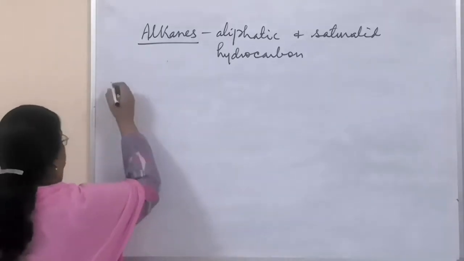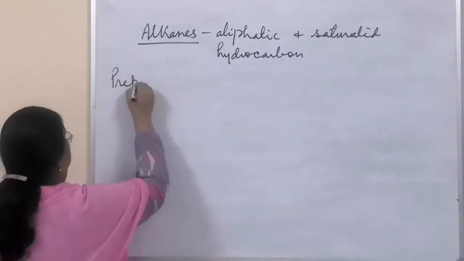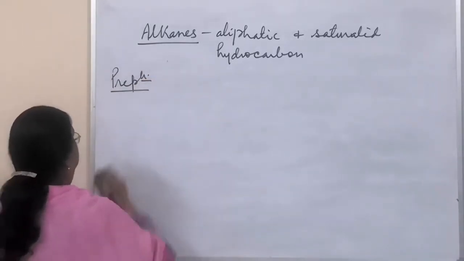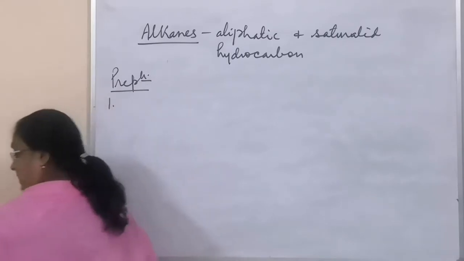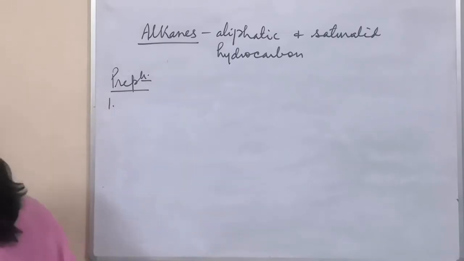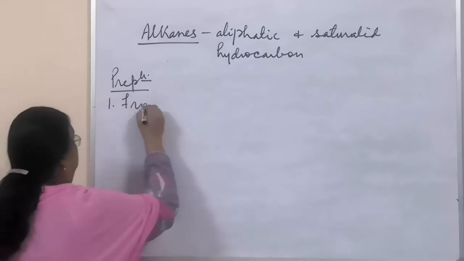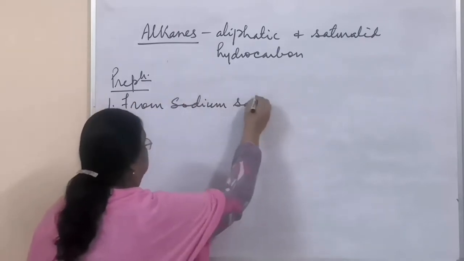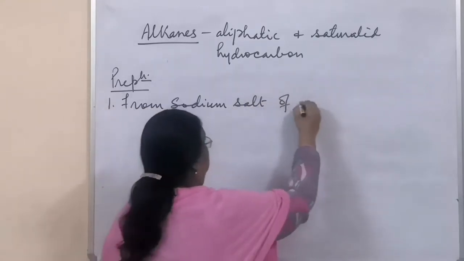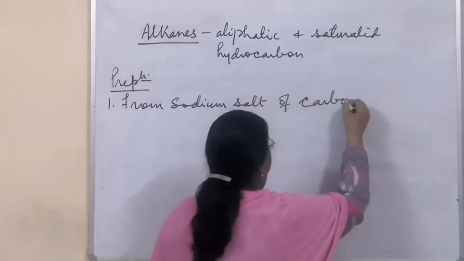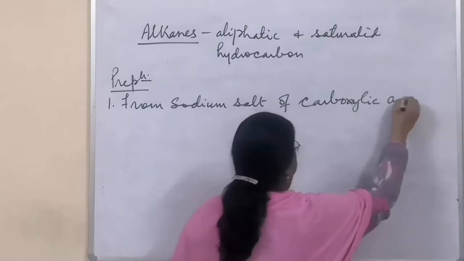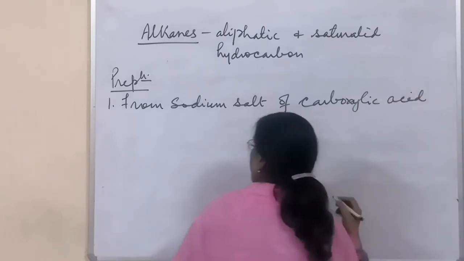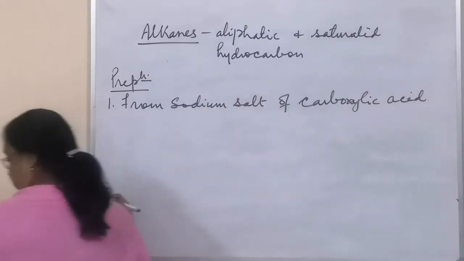So straight away we come to the preparation of alkanes. The first method is from the sodium salt of carboxylic acid. In this you have to do two methods.